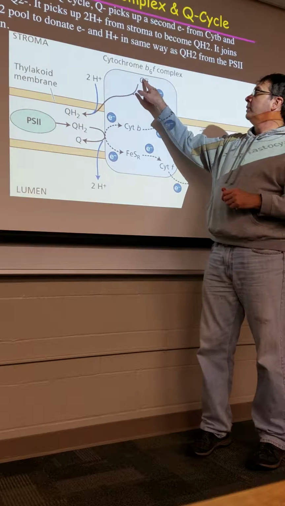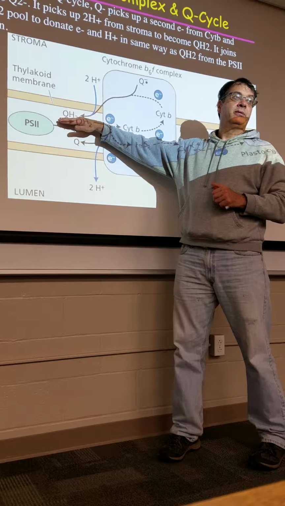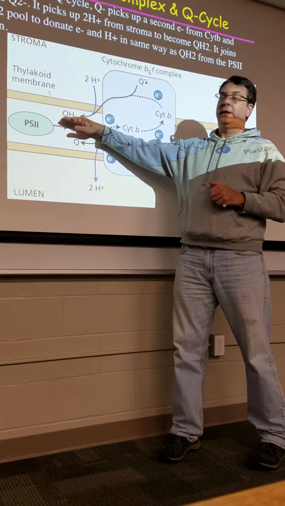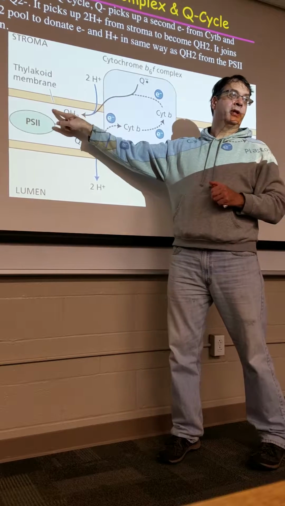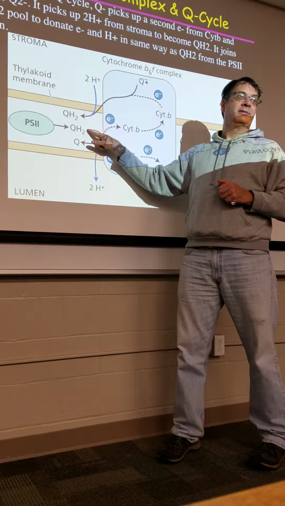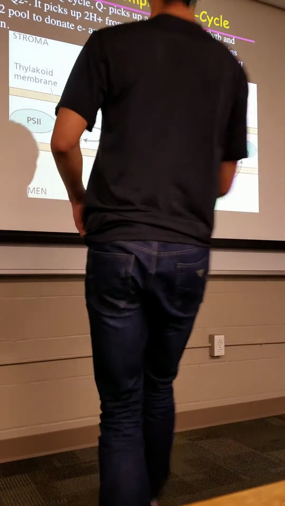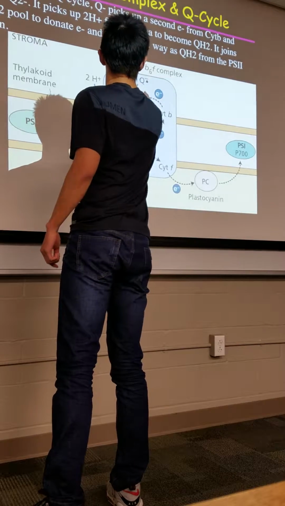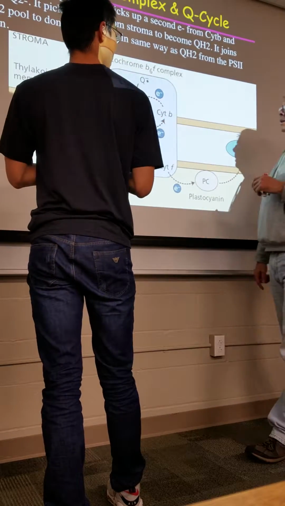This plastoquinone here is identical structurally to this one, and it's just going to get shuttled back in. Can I go to the? Sure. I thought you should say this Q will transfer to here, so it's a circle.